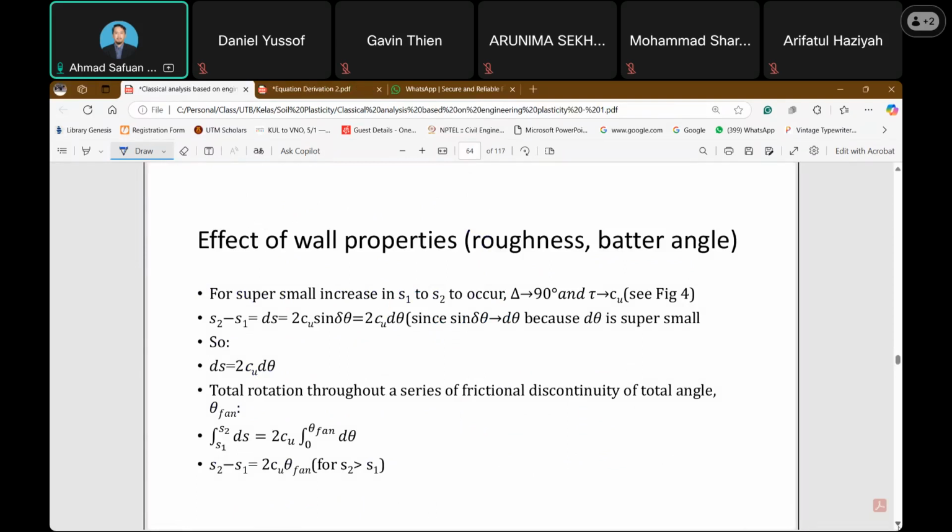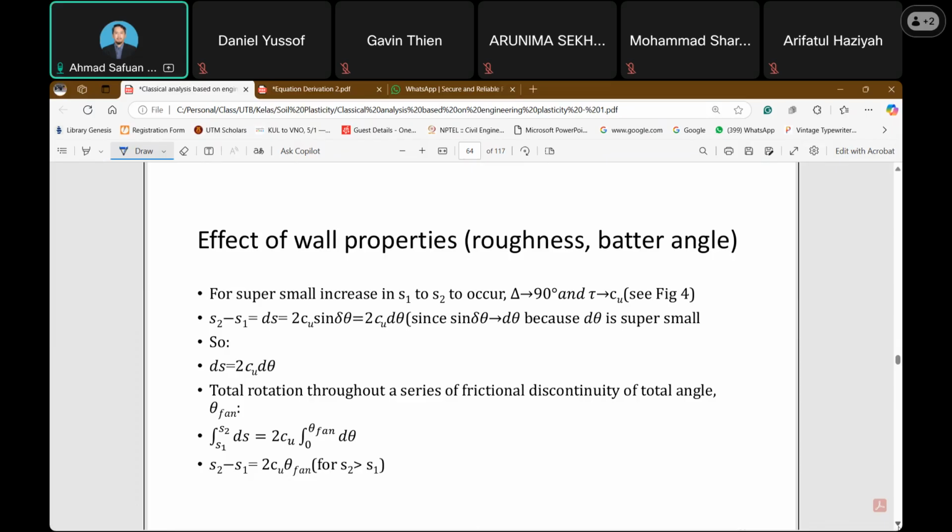So the total rotation throughout a series of frictional discontinuities of total angle theta fan is the integration of dS, equal to 2Cu times the integration of d theta.